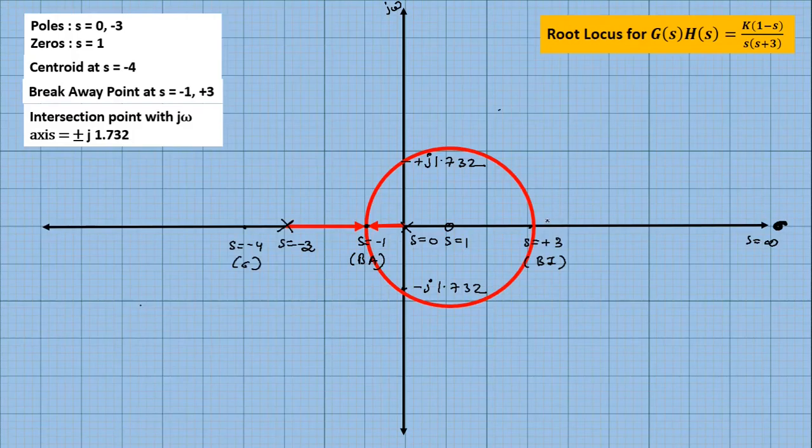So one branch of the root locus will approach towards this s is equal to 1 zero. That means one branch of the root locus will terminate at the zero of s is equal to 1, and another branch of the root locus which is approaching at this break-in point will end at s is equal to infinity. So our final root locus will look like this.